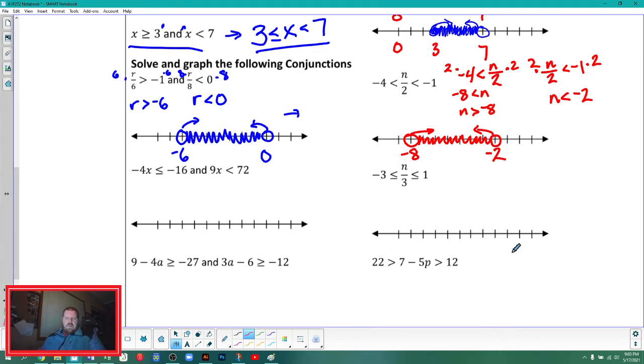All right, my next one, I've got an and statement, so I can just solve them both. I'm going to divide by -4, divide by -4. Dividing by a negative, remember, makes me flip my inequality. So this is going to be greater than 4, and when I divide by 9, and sure, I could actually look at this and say, all right, I got 4, closed circle, bigger than 4, shading to the right.